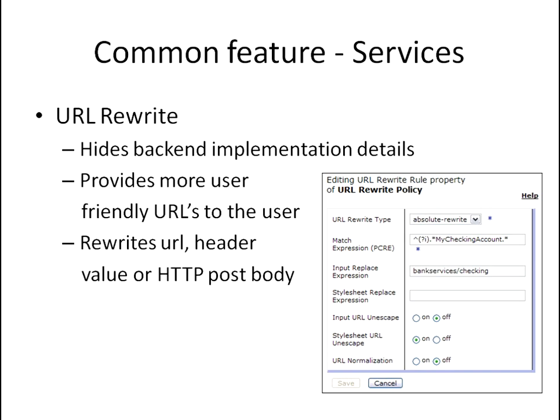The URL rewrite is another option which is available in all the services in DataPower, which, by name itself, rewrites the existing URL and provides a user-friendly URL to the user. So in your backend service, you can have any kind of complex URL, but you can rewrite and simplify that URL and give that dummy URL to your client to call.